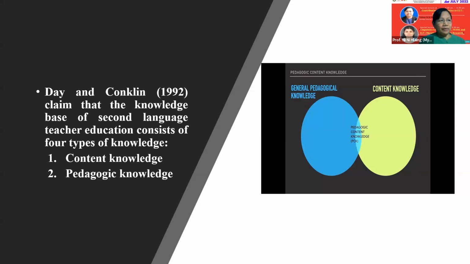The knowledge base of second language teacher education consists of 4 types of knowledge. The first one is content knowledge. That is, knowledge of the subject matter, what ESL or EFL teachers teach. For example, English language as represented by courses in syntax, semantics, phonology, and pragmatics, and literary and cultural aspects of the English language.